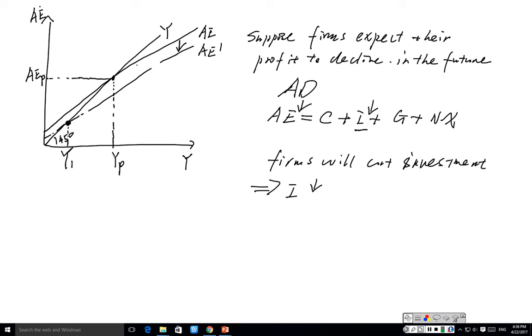And the distance between these two aggregate expenditure curves actually shows the reduction in the investment, I. And we can also see here the reduction in the total GDP.